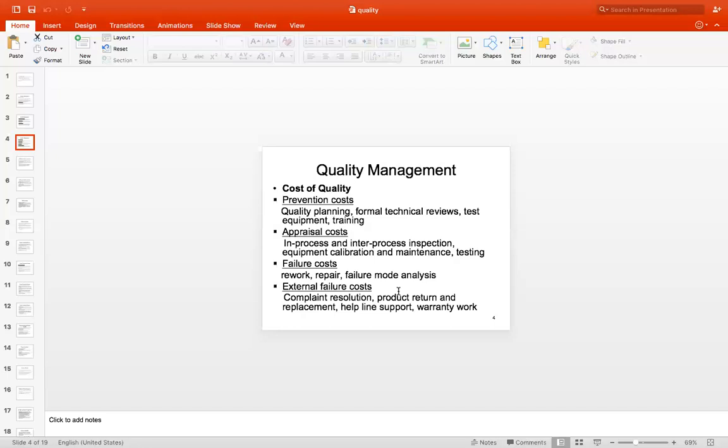So why should we put some budget in the buffer is in order to manage all these failure costs, external failure costs. So all these costs have to be managed within the given budget. Say for example, for a given project, we are allocating 5 lakhs of budget. So 5 lakhs of budget doesn't mean that all these 5 lakhs you are spending for the completion of the project.